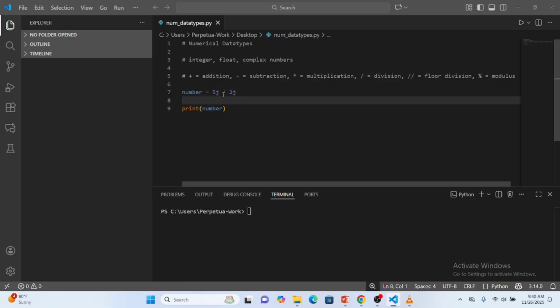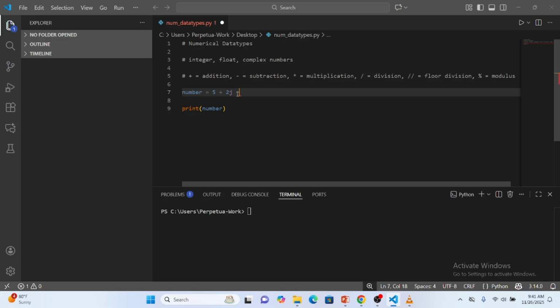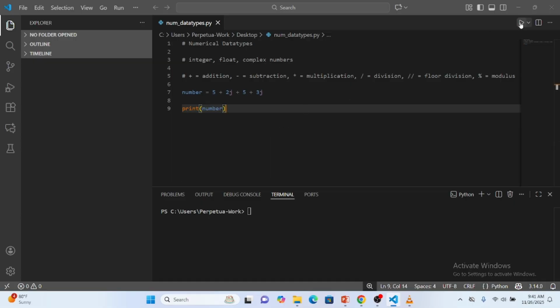So now, another thing that we can do with complex numbers is something like 5 plus 3j plus 5 plus 3j. So this goes, and when you save it, what happens?